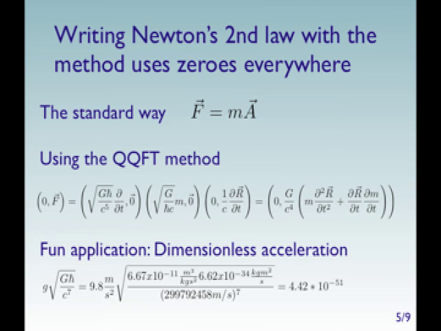And that's just the way it is. So let's just do an application here and think about gravity on the Earth. And you do this calculation and you go, oh, we involve G, small number, h bar, small number, and we divide by c to the 7th, which is a big number.